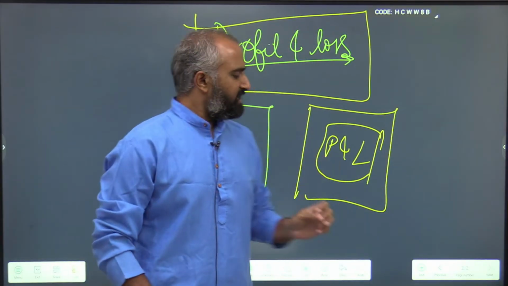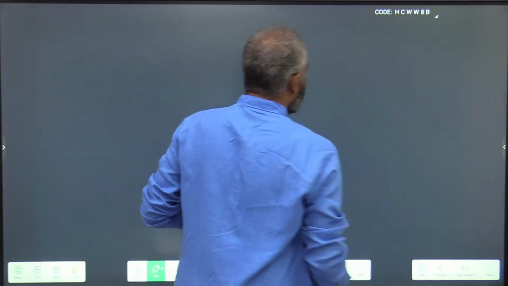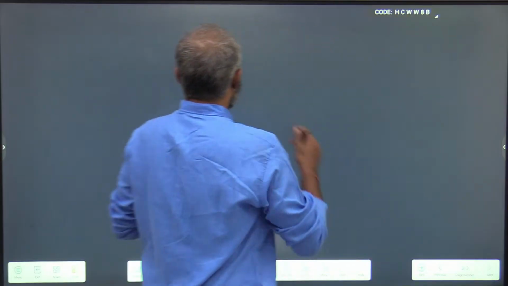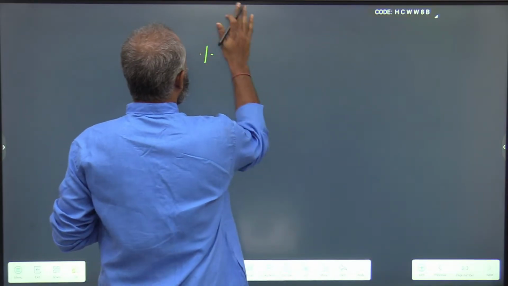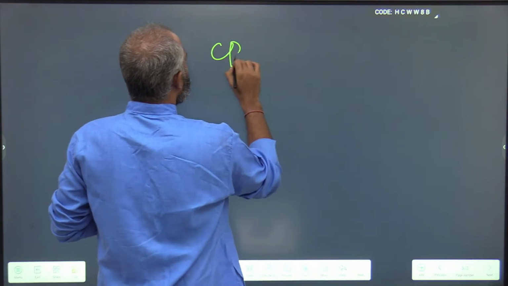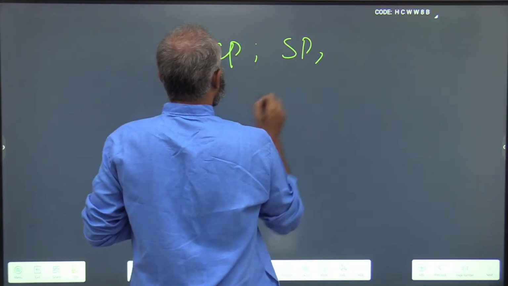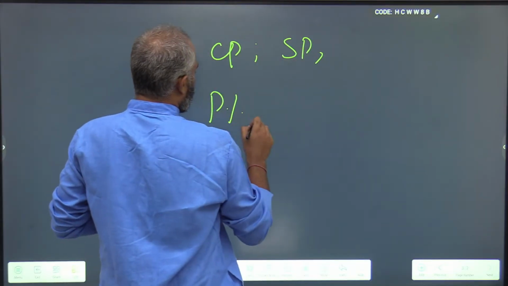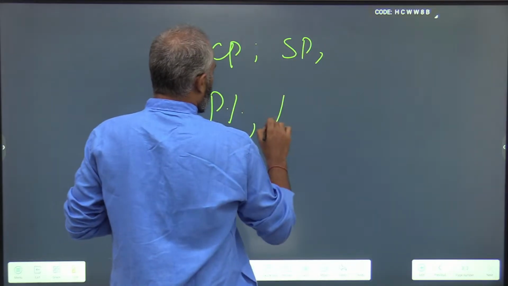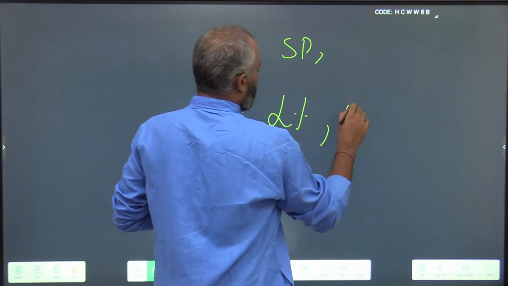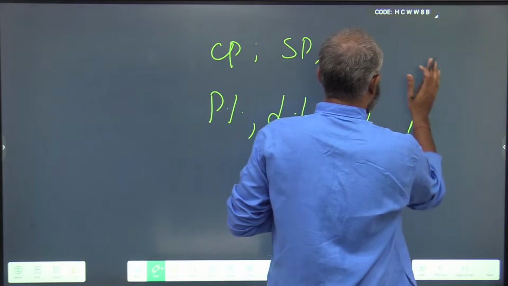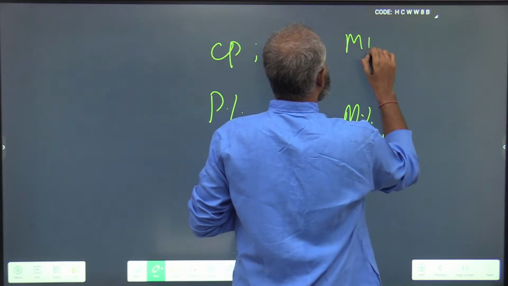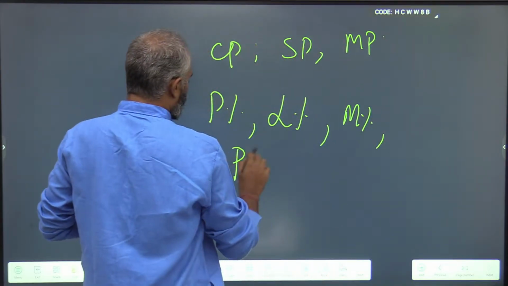But if you look at the core, you take any profit and loss problem, what does it contain? Probably it will contain CP, SP, profit percentage, loss percentage, or markup percentage, or marked up price, or profit or loss.